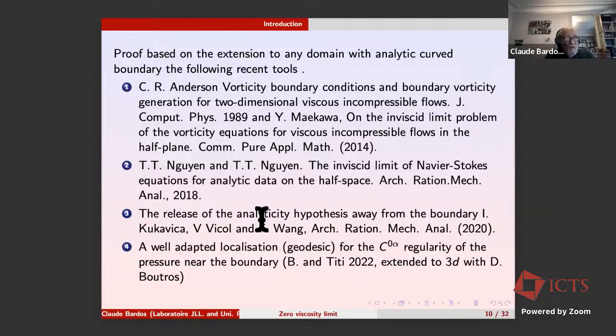And this is not trivial, this is not always true. There's some extension of this result, and it was a paper that I did with Citi, and which we extended later on with Daniel Boutros for 3D.